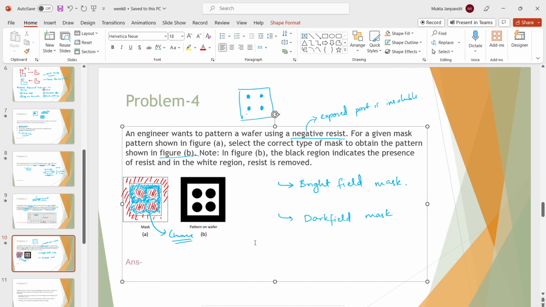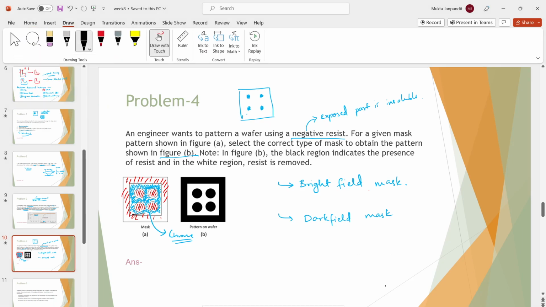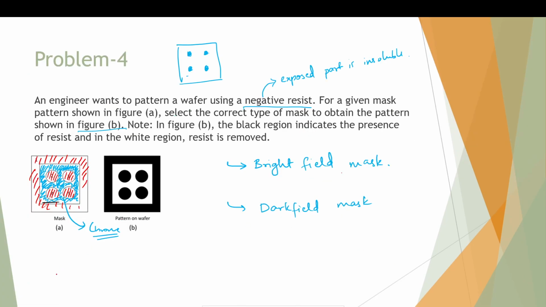Whenever we have chrome in the regions which are the boolean NOT of the pattern that we want to expose, similar to this case, then it is called dark field.